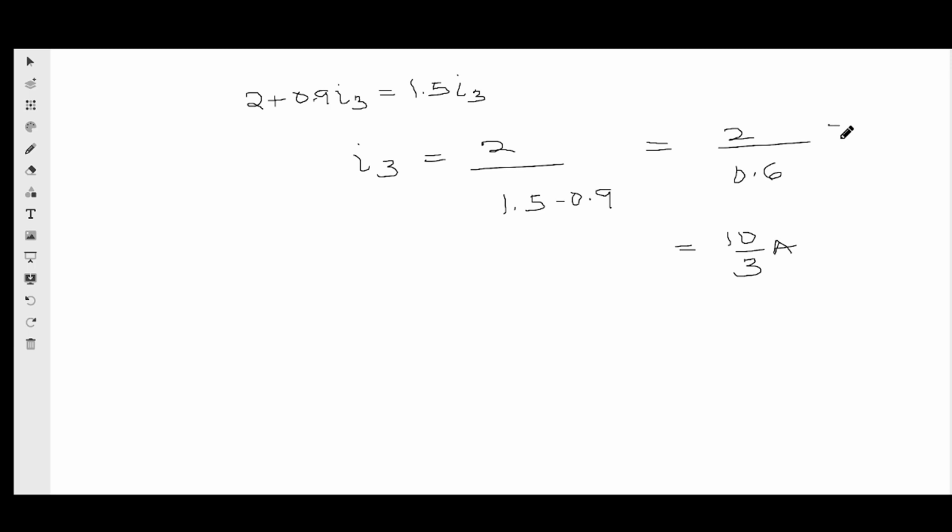Because if you divide both sides by 2, I have 1 over 0.3, and 0.3 is 3 over 10. 1 over 3 over 10 is 10 over 3 amperes. So I3 is equal to 10 over 3 amperes.